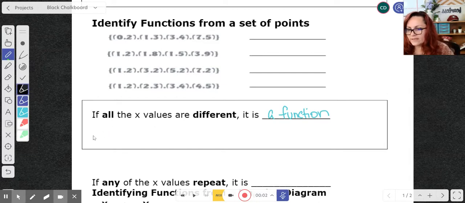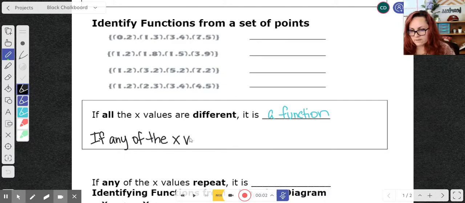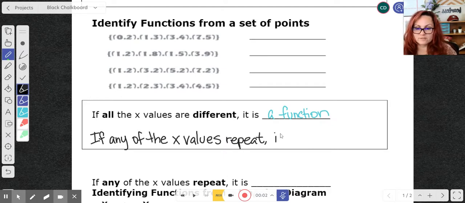If any of the X values repeat, it is not a function. It is, and just for emphasis, not a function.